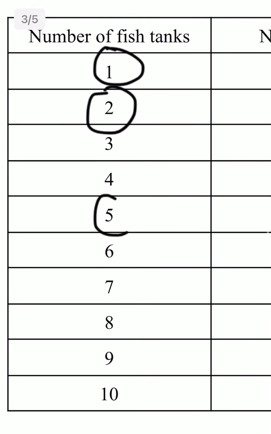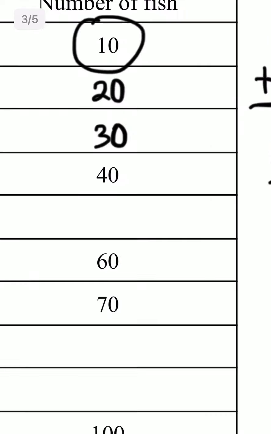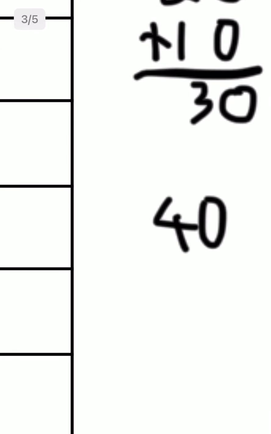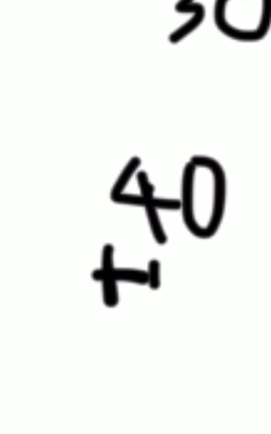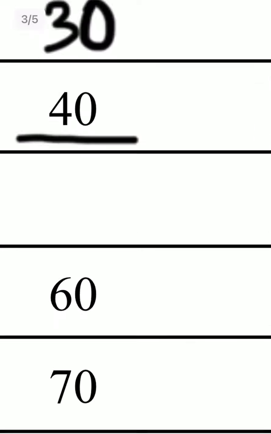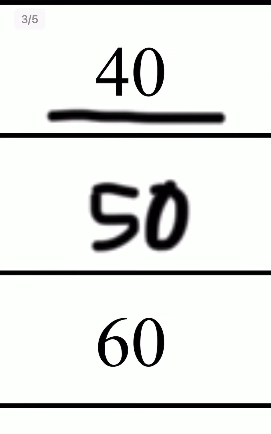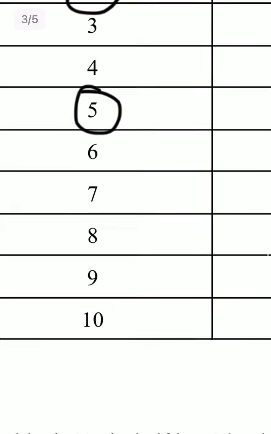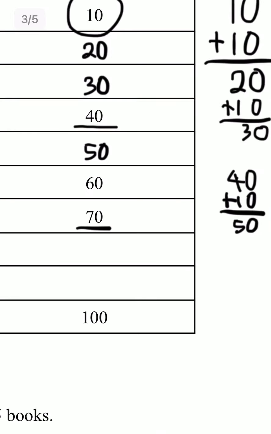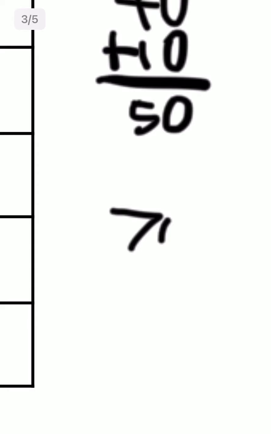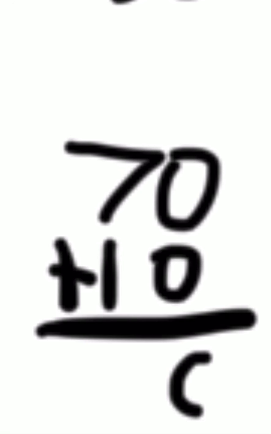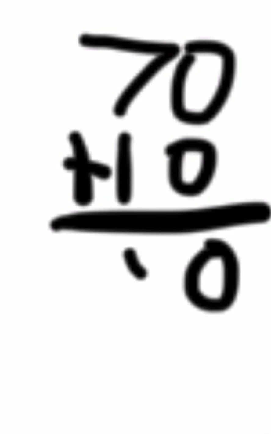And then for 5, we need to add 10 to 40, which is 50. So we need to write 50. And then for 8, we need to add 10 to 70. So 0 plus 0 is 0, and 7 plus 1 is 8.